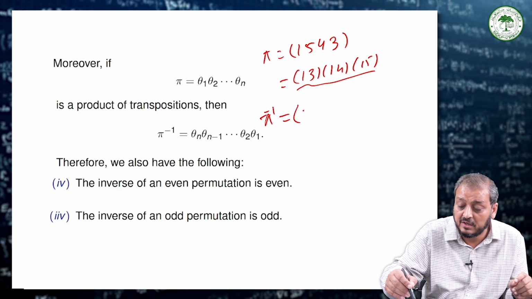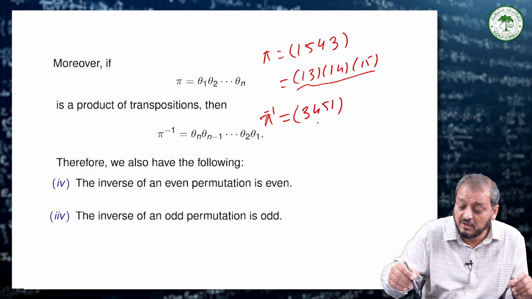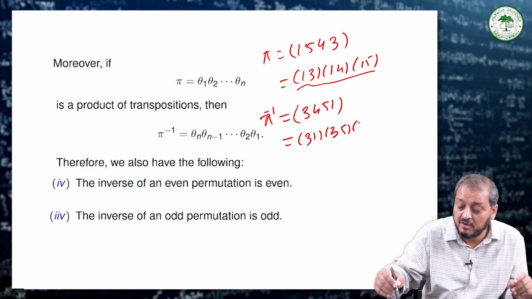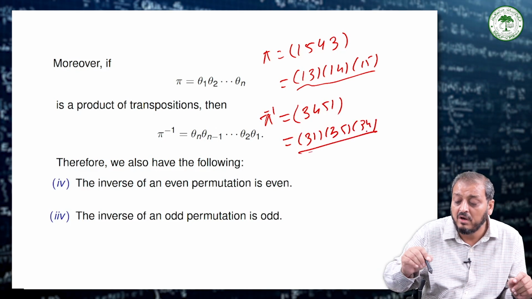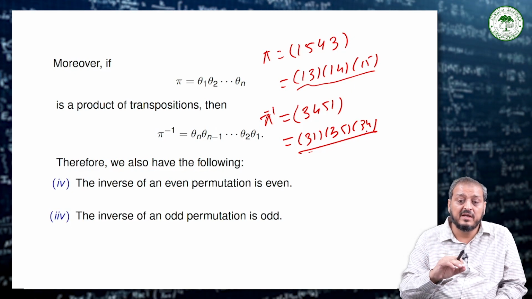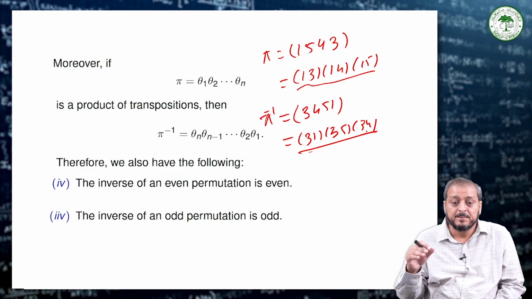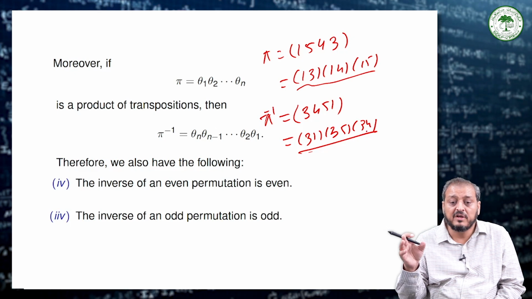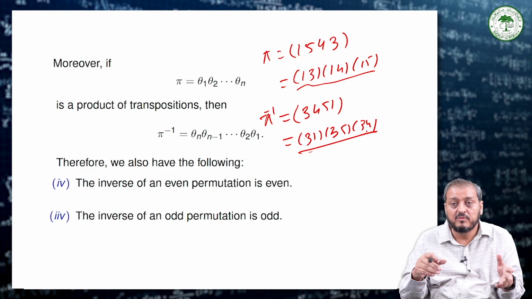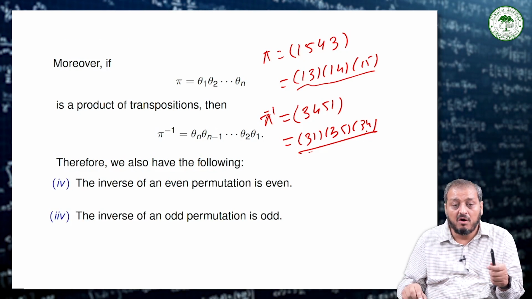This can be written as (3 4 5 1), and this can be written as (3 1)(3 5)(3 4), and that is again odd. So we can clearly say that the inverse of an even permutation is even, and the inverse of an odd permutation is odd.